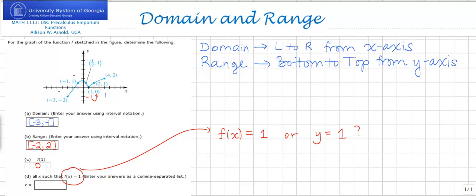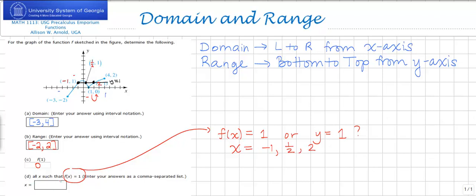So I'll go to my graph and I see 3 ordered pairs where the y coordinate is 1. And those ordered pairs have x values from left to right of -1, 1/2, and then 2. So all of those ordered pairs have a y coordinate of 1.